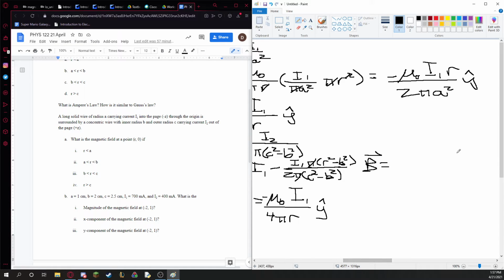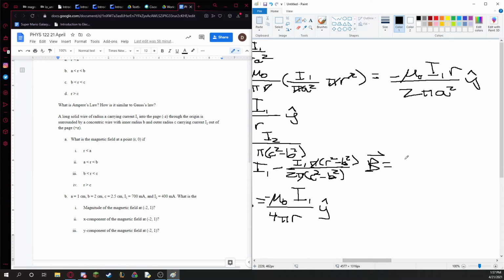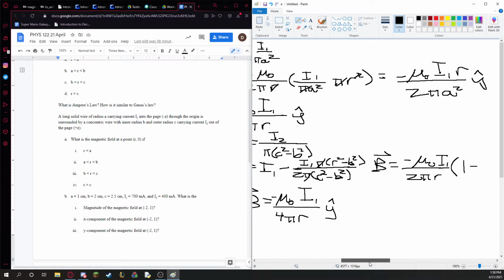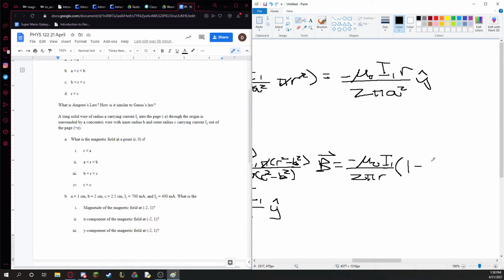So B would be negative, because it's going to be in the negative y hat direction, mu naught over 2 pi r times our enclosed current, which is I1 times, and we'll plug this all in, 1 minus r squared minus b squared over 2 times c squared minus b squared.